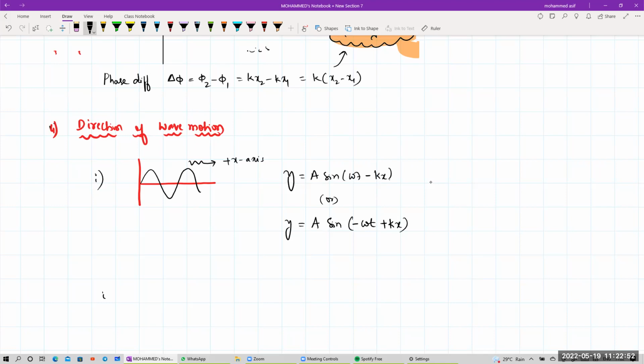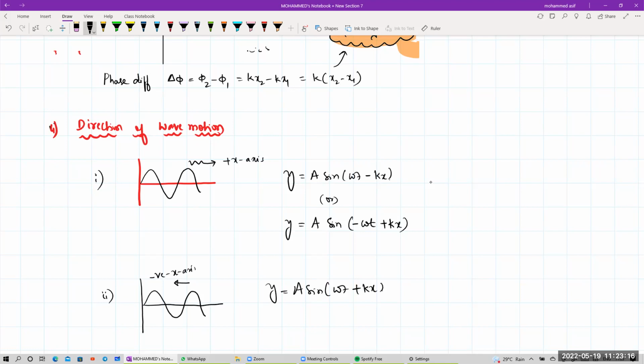In the same way, if the wave is moving in the negative x-axis, that means opposite of this equation. So this will be written as y is equal to a into sine of omega t plus kx.